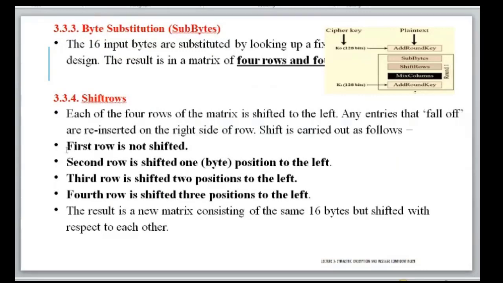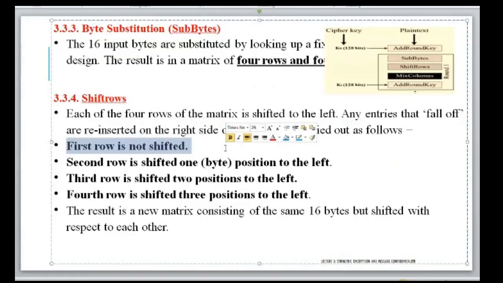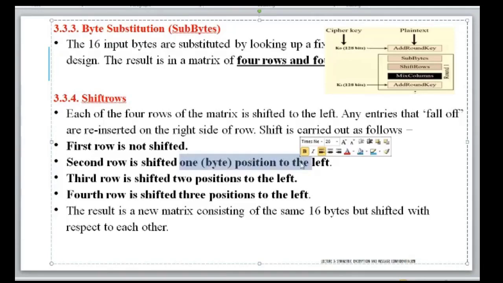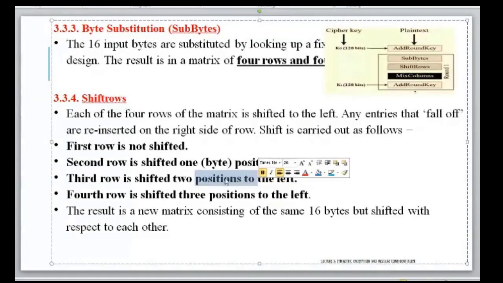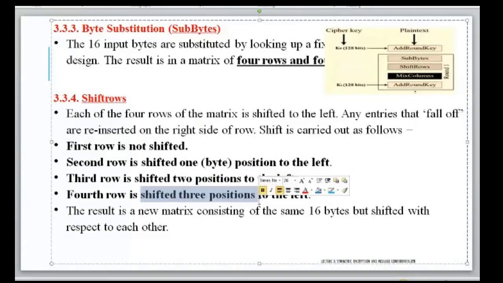First row, no shift. Second row, you are going to shift 1 byte, so 1 position, you are going to move it to the left. I think I said right, I gave the example as right, but it is left. Then the third row, 2 positions towards your left. Then the fourth row, 3 positions towards your left.